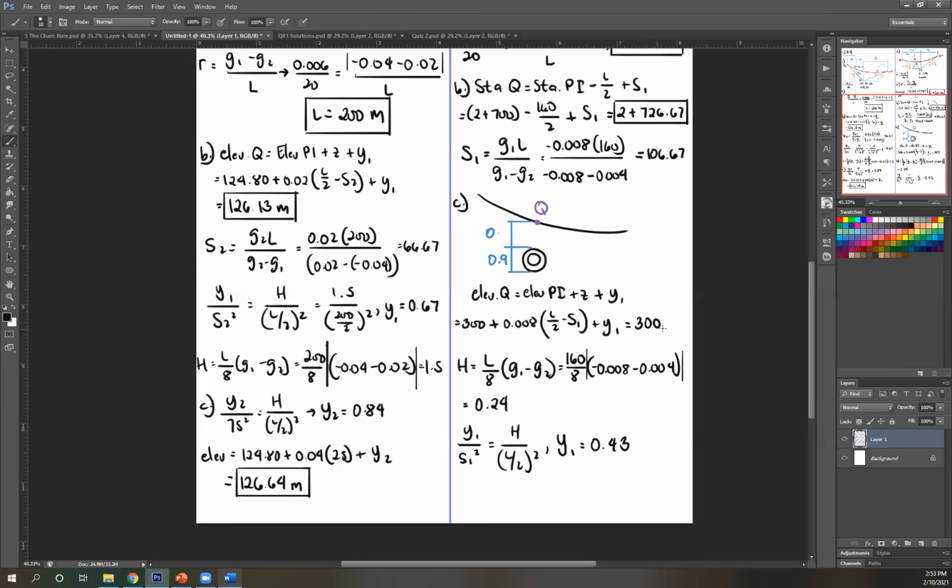So store this value, and then let's say elevation of culvert is just elevation Q minus 0.3 minus 0.9.